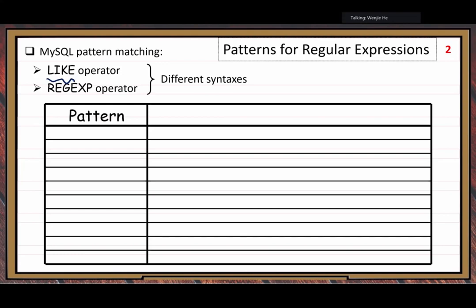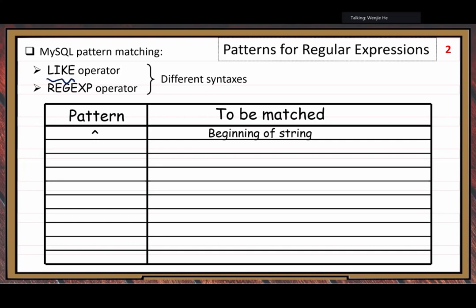The second column is the meaning of the pattern to be matched. One by one. If you learned Unix, here we just recall. First, this symbol.